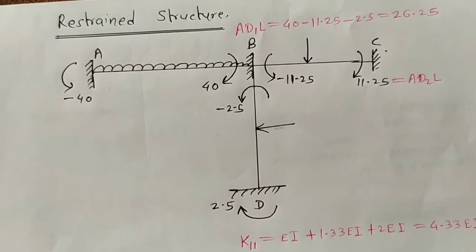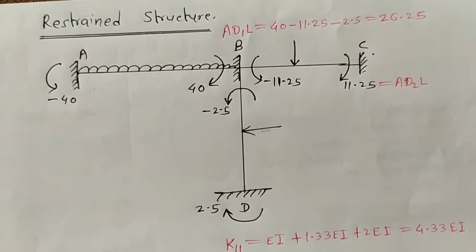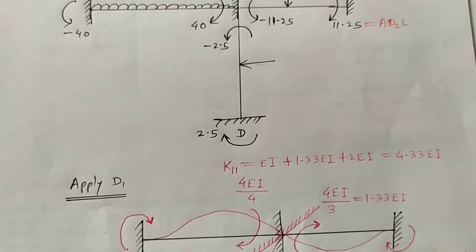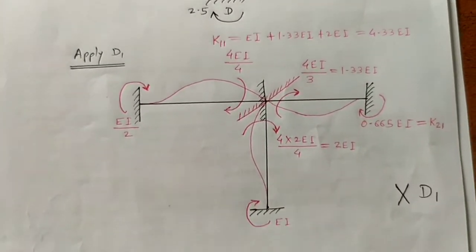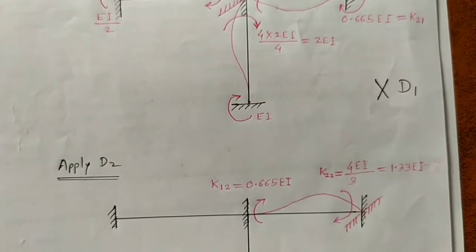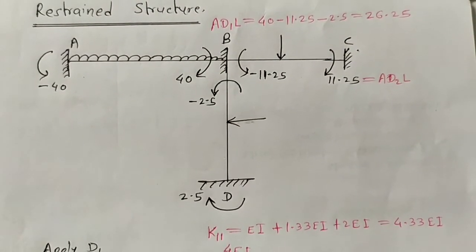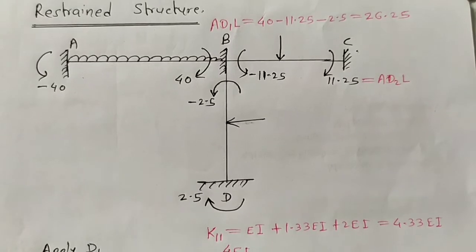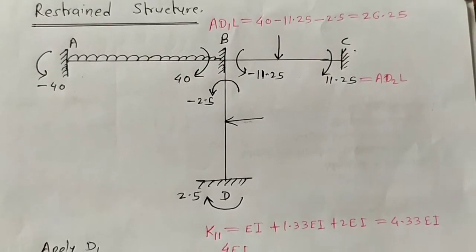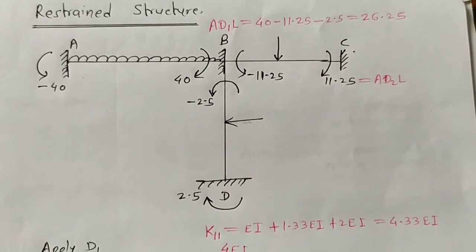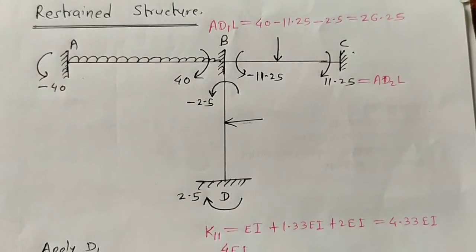For that, consider these 3 diagrams: the restraint structure, application of D1, and application of D2. Now we are going to consider joint B. Whatever moment exists at joint B, writing that means we are writing that equation.